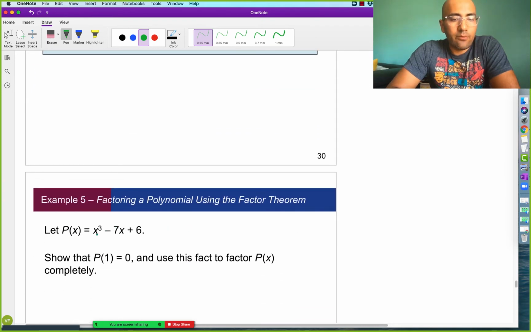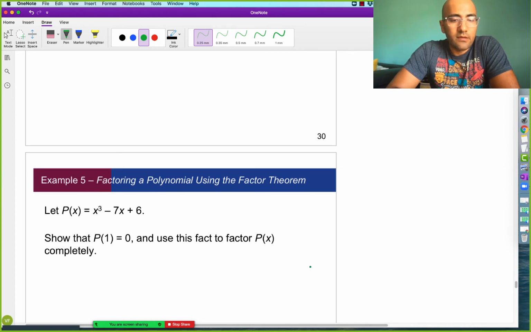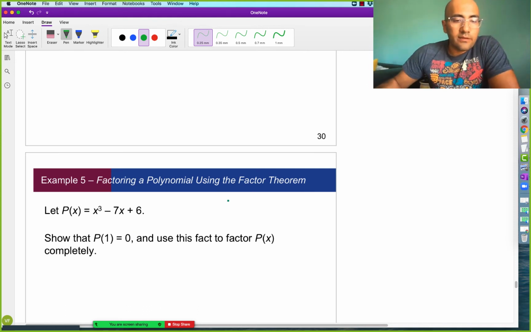Okay, so for example, here we have this polynomial, x to the 3rd minus 7x plus 6. Show that p of 1 is equal to 0, and use this fact to factor the polynomial completely. Because we are told that p of 1 equals 0, this means that x minus 1 is a factor of this thing.